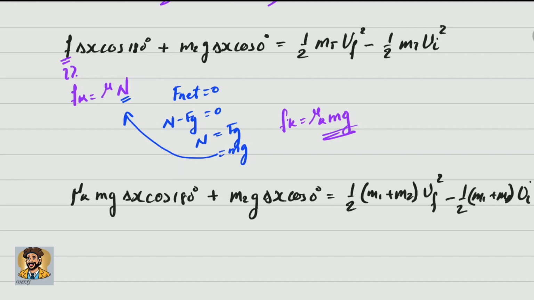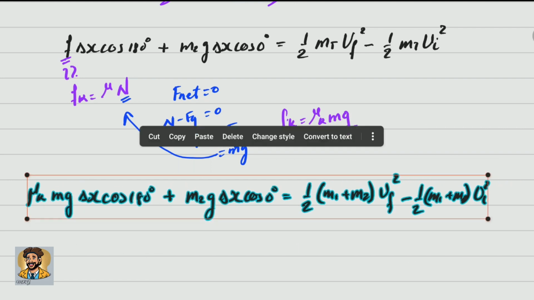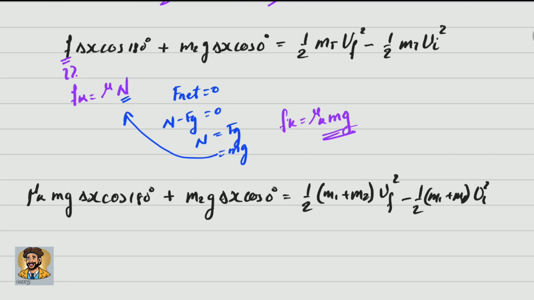Okay, let's move everything to the left, guys. Allow me to do that, and there we go. Now, if we note, the objects start moving from 0, so the initial speed of both of them is 0. We can cancel that one. The rest of the question is just to substitute the numerical values.